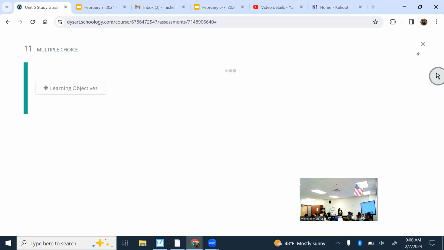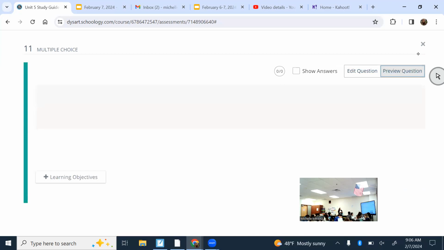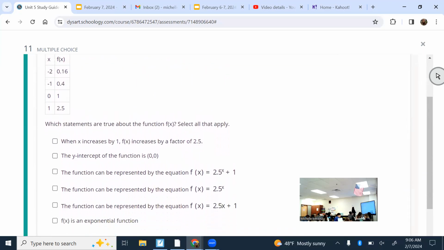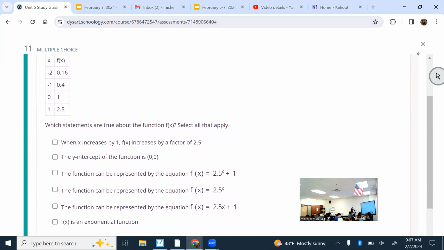So the ordered pairs shown in the table are generated by the function f of x. Which statements are true about this function? When x increases by 1, f of x increases by a factor. Factor means that you're doing what operation? Multiplying, good.